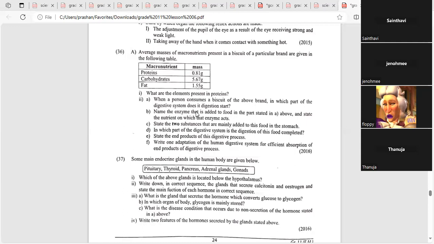Presence of finger-like projections, presence of circular folds, presence of villi and microvilli. Okay, those are adaptations for efficient absorption.